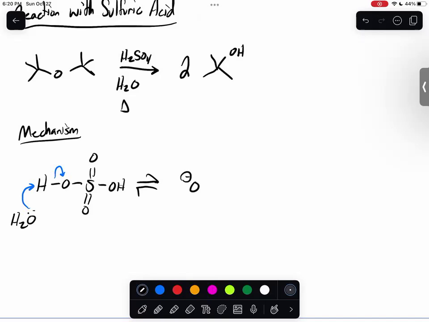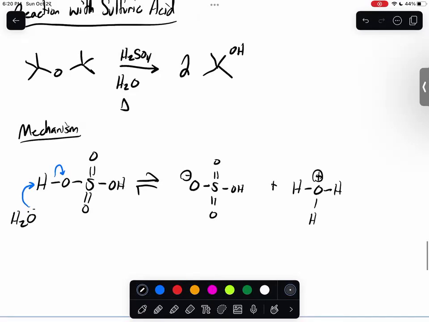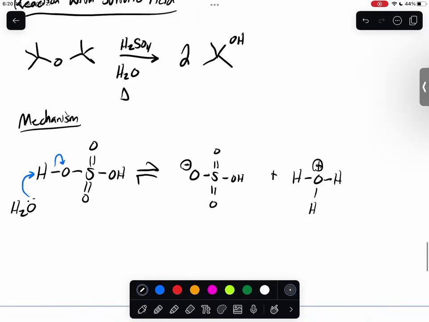Unlike the other acids that we've been looking at right now, H2SO4's conjugate base is a little different because even though it has a negative charge, it's shared amongst three different oxygens on the sulfur. And what that means is that this structure right here is an awful nucleophile, right?